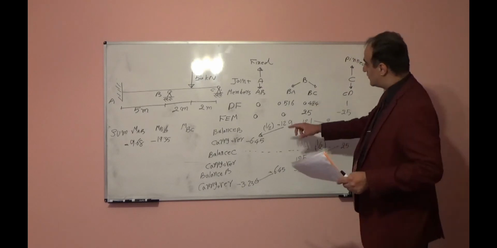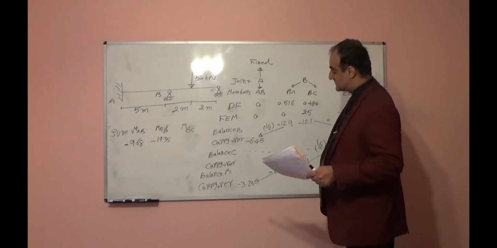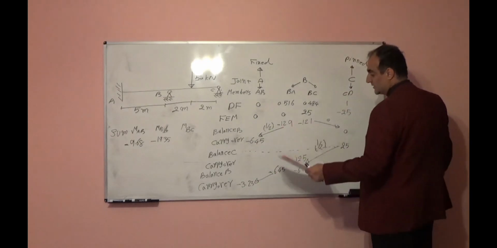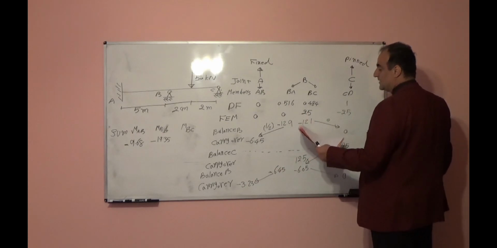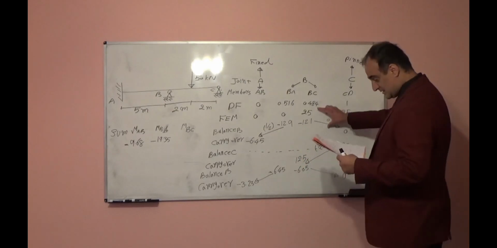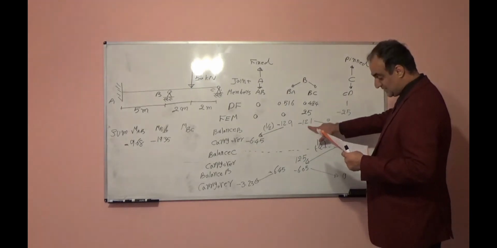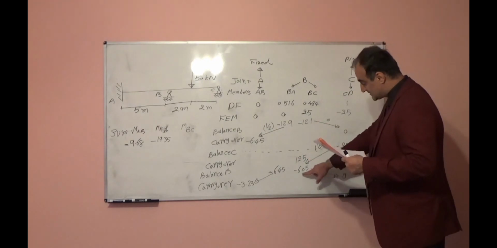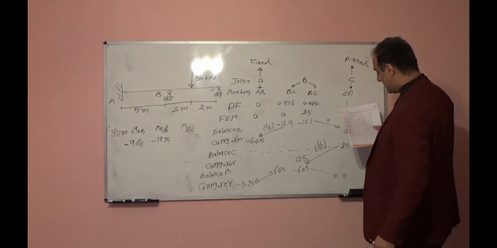For AB and BA, the fixed part was 0, so you add negative 6.45 to negative 3.23. Here negative 12.9, negative 6.45, but here we have fixed. So negative 25 minus 12.1 plus 12.5 minus 6.05. So all moments you will add together.